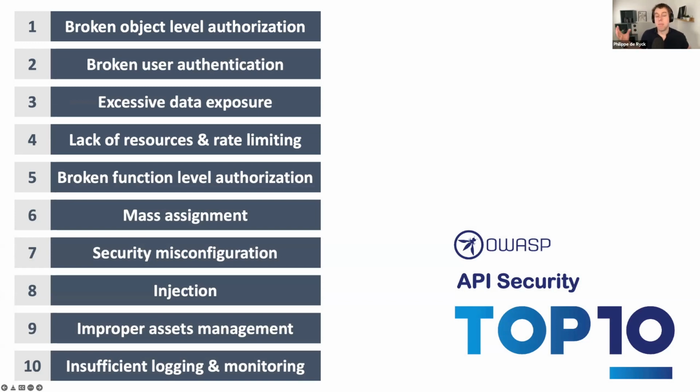Now, this is not all there is to API security, but this gives you a very solid idea of what's going on with API security, what the most common issues are, and whether you agree with this list or not, real life data shows you that these issues are definitely there in a lot of APIs. And I have plenty of stories to tell about each of these vulnerabilities, as we will do in the next 2 sessions, basically.